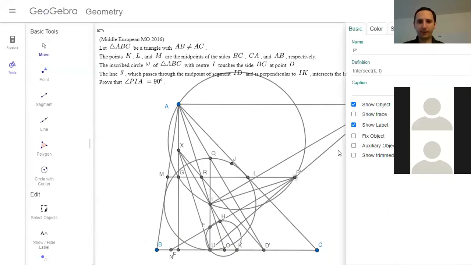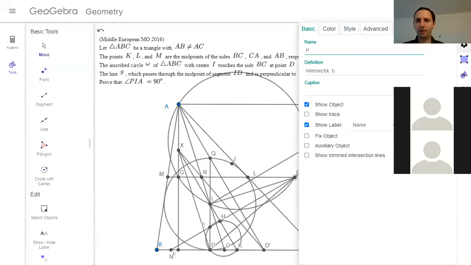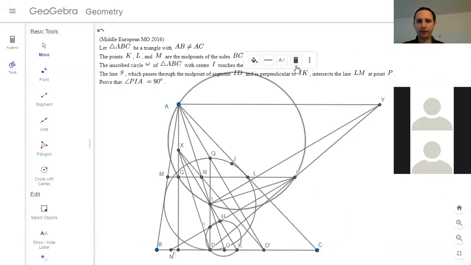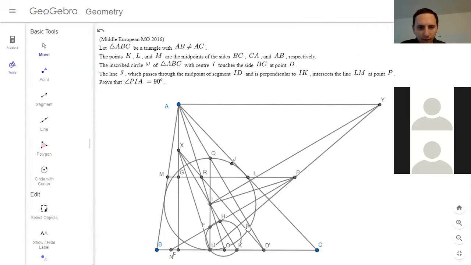So I'm going to define P as in the original problem. So I'm going to delete this circle. Let me delete point N. I don't think I need this either. Whoops, what happened there?